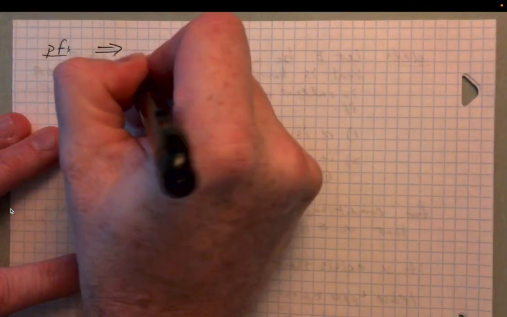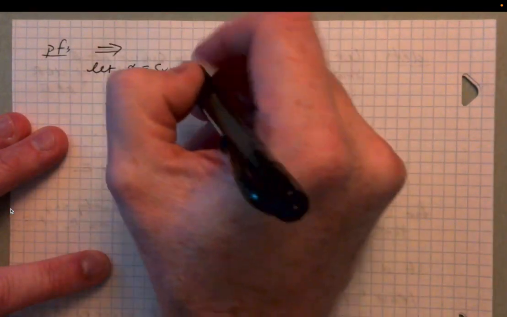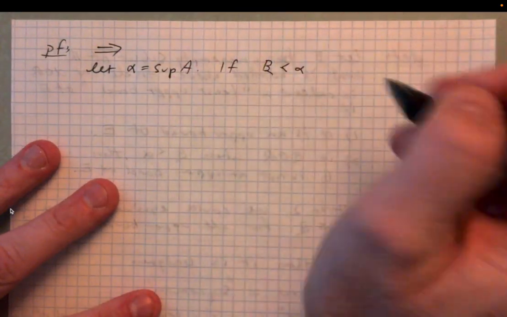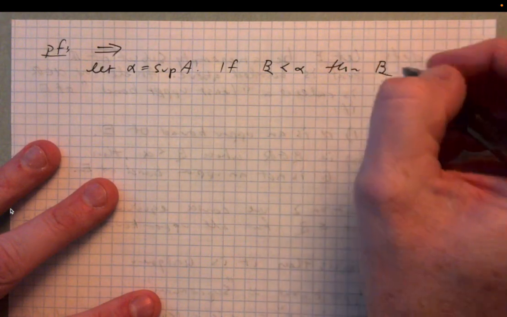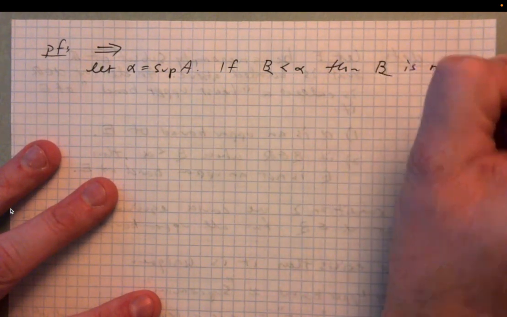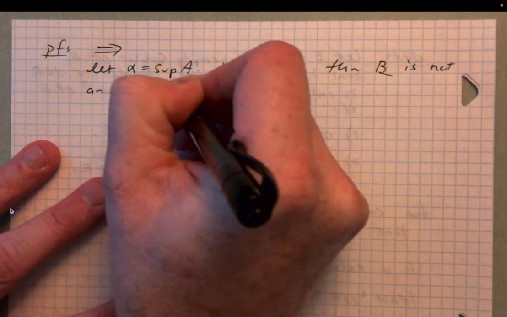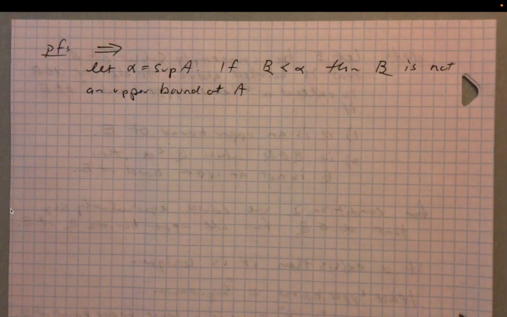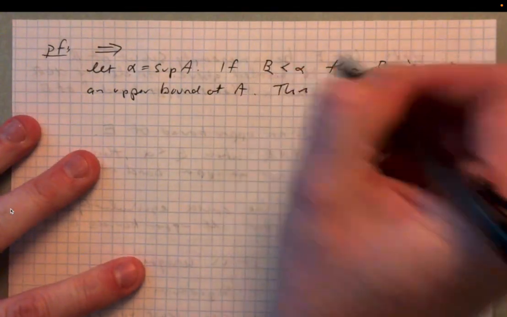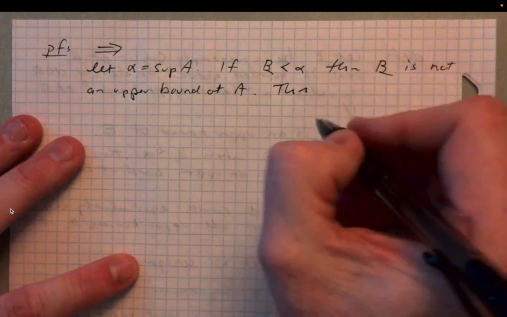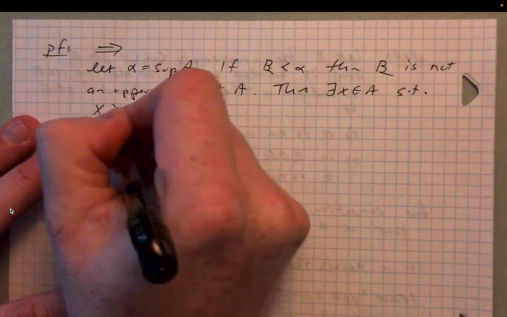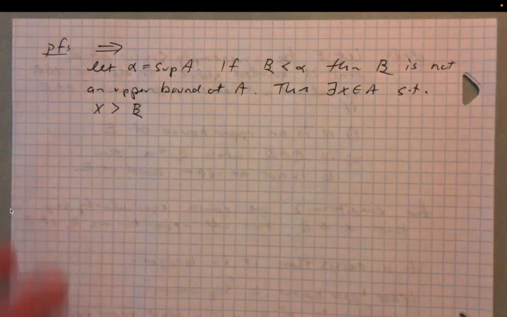Let alpha equal the least upper bound of A, so let alpha equal the supremum of A. Now, if beta is less than alpha, then beta is not an upper bound of A. Then, if beta is not an upper bound of A, then there exists an X in A such that X is greater than beta.